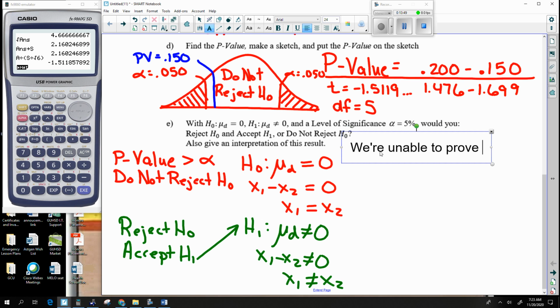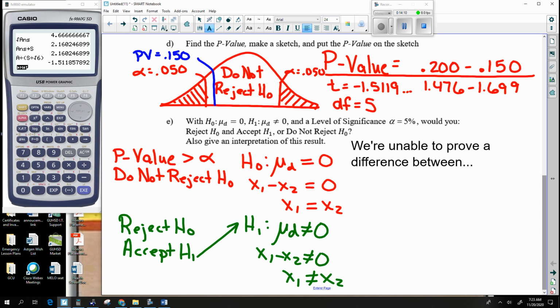Yeah, unable to prove a difference between x1 and x2. So there's probably a difference, but we can't prove it. We're not saying that our initial thoughts were wrong. It's just we're unable to prove a difference. We're trying to prove a difference, and we're unable to.